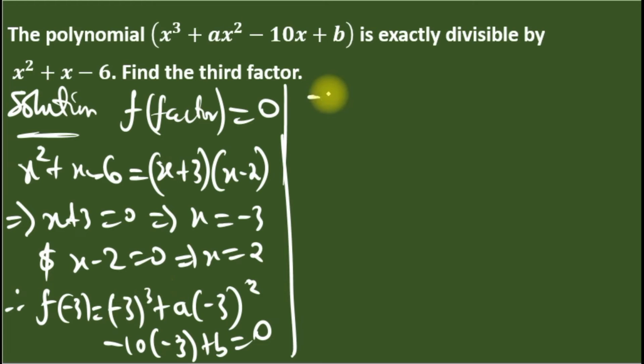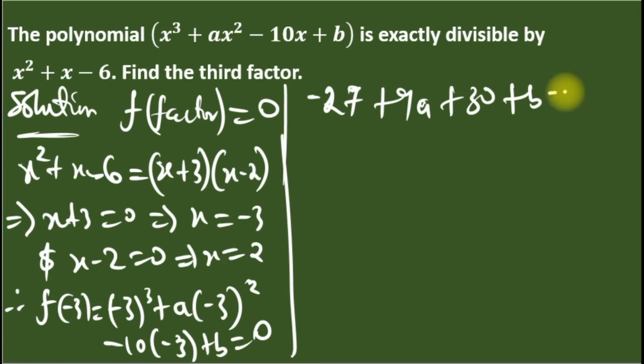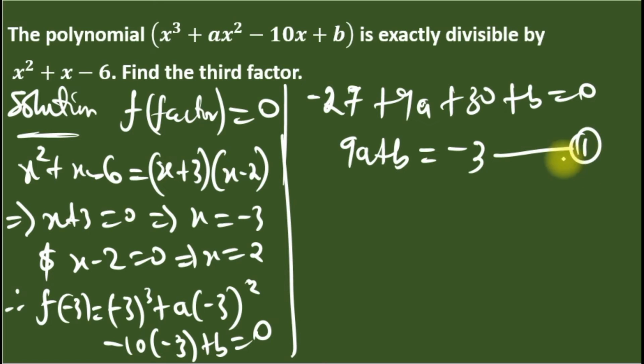This is minus 27, this is plus 9a, this is plus 30, and plus b must give us 0. So 9a plus b must be equal to minus 27 plus 30 is 3, so 3 goes over minus 3. That's our equation 1.